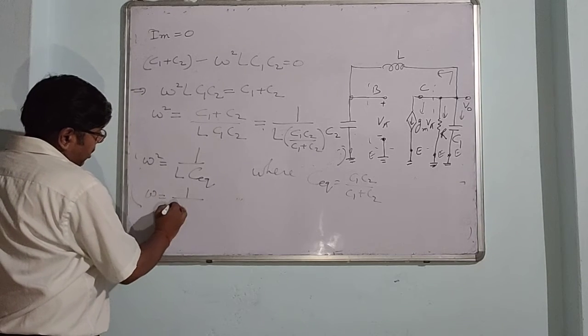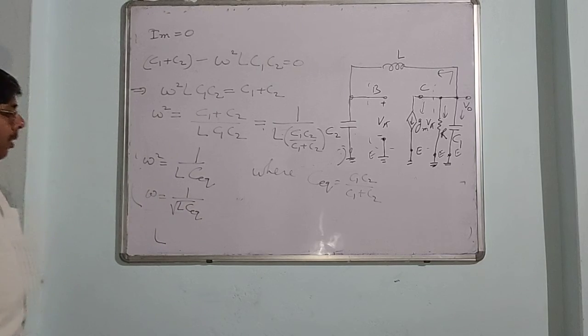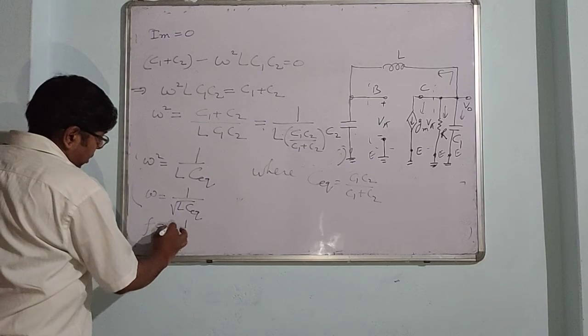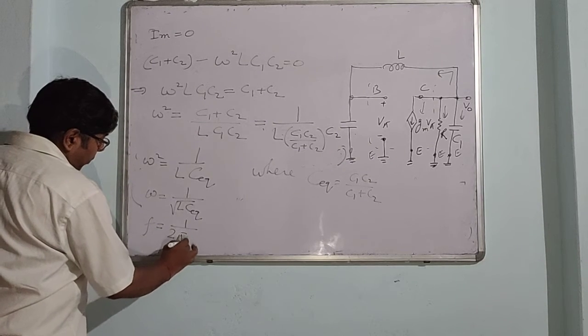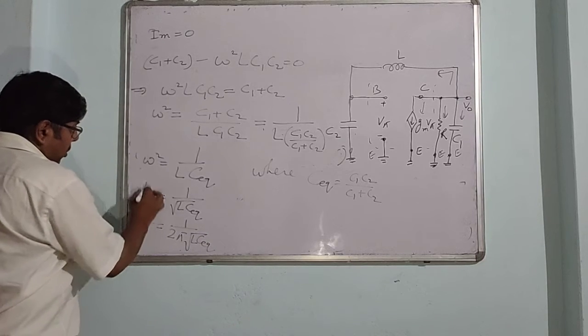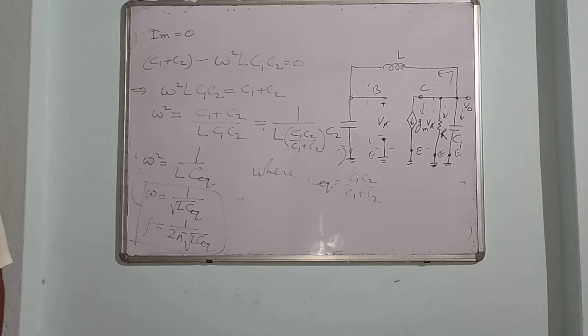Now you can find out the square root of L C equivalent. So this is the frequency of oscillation. From this you can write it is 1 upon 2 pi root of L C equivalent. So this is the expression for the frequency of oscillation.